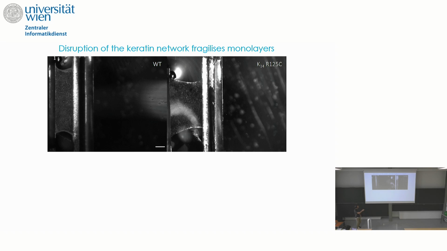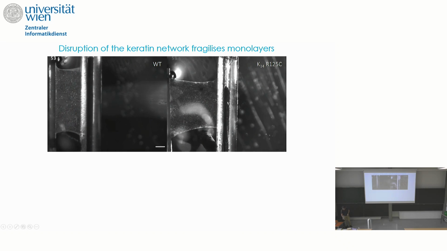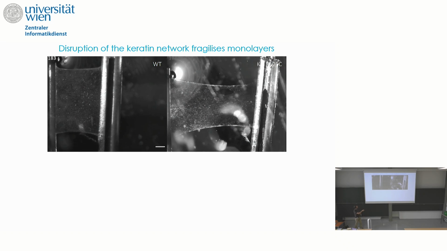So we overexpressed this in cells, and here I'm showing you a movie of the wild type and the keratin 14 mutants at the same strain rate. And what you can see is you start getting rupture, and in this case you do have rupture within the bulk of the tissue.